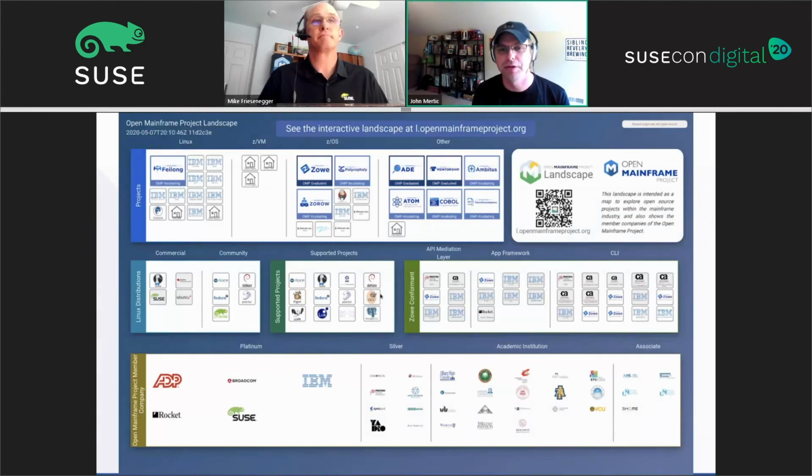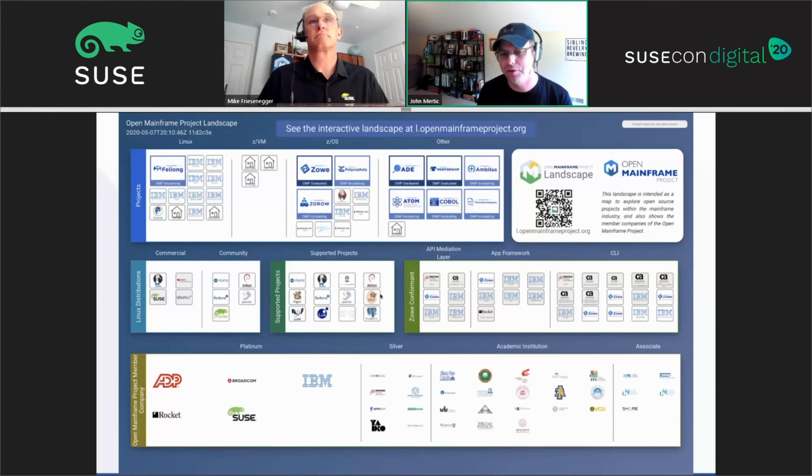And another thing I really encourage you all to take a look at is the broad landscape of open source in the mainframe. We put this together, and if you're familiar with the cloud native landscape, it's a similar technology on the back end here.